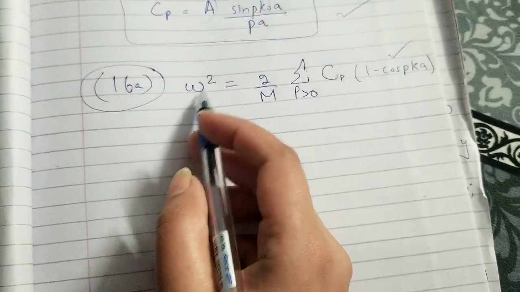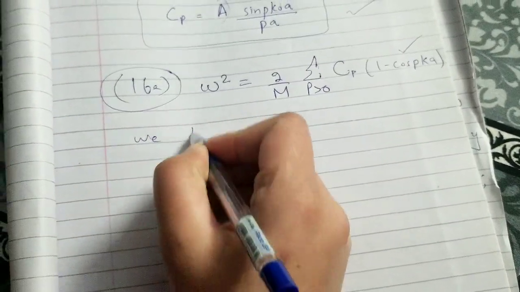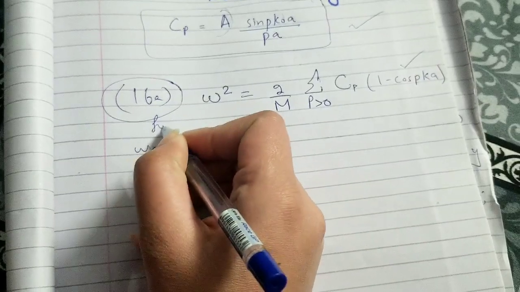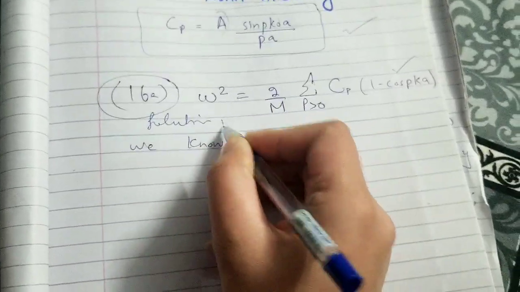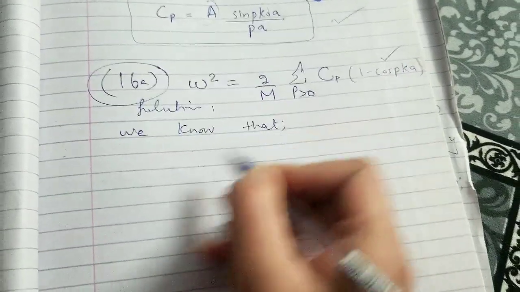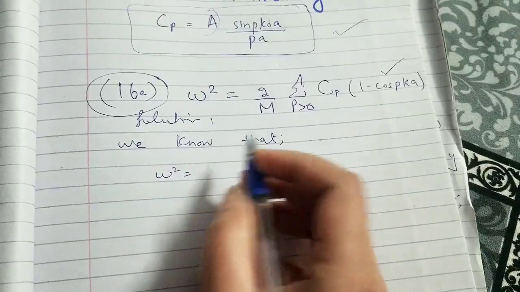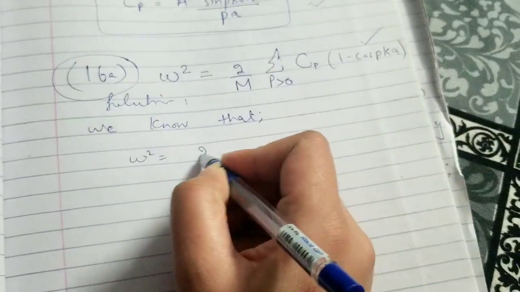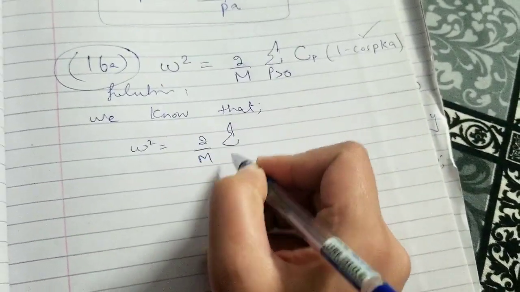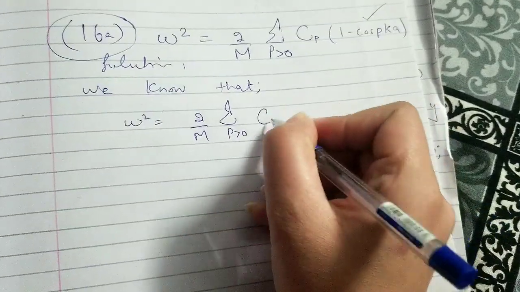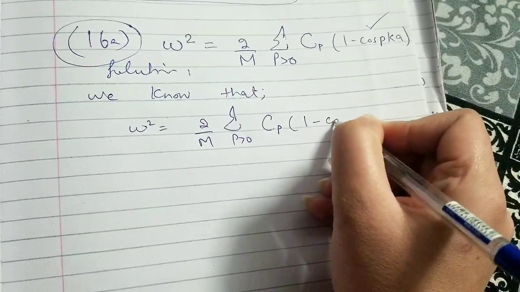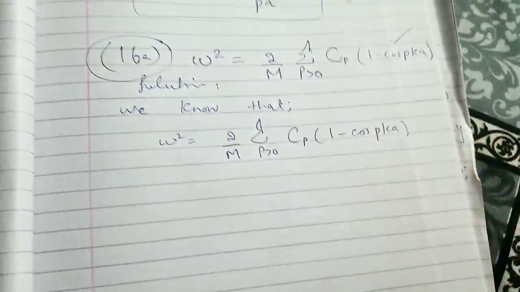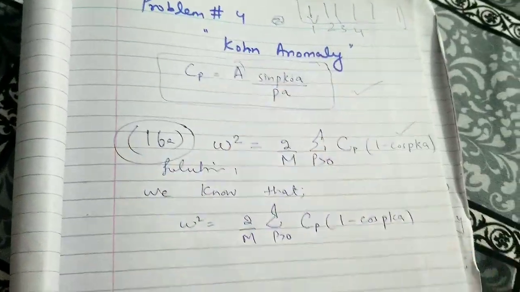Now we have this dispersion relation. We know that the dispersion relation for metals is typically given by this expression. I wrote these two things in rough work.